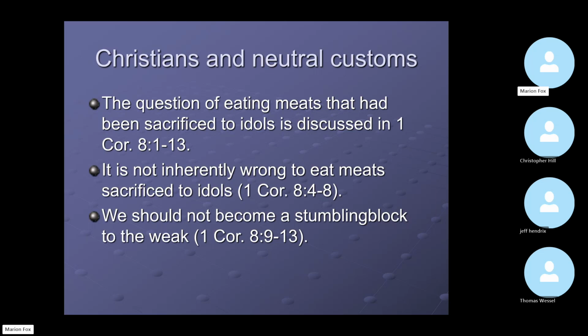And maybe they're weak right now, but we're going to get them into a saved condition and hopefully teach them so that they'll distinguish between this. But in the meantime, we're not going to eat that meat. We shouldn't eat it because it could be a stumbling block to them and cause them to stumble.